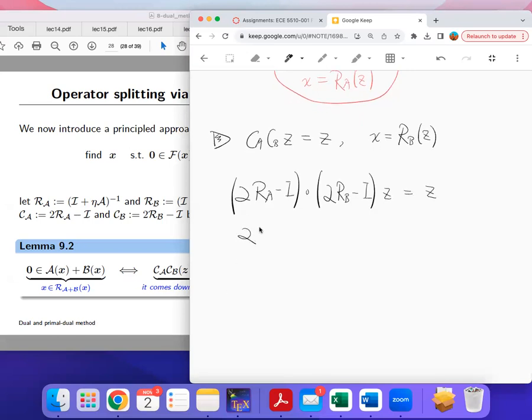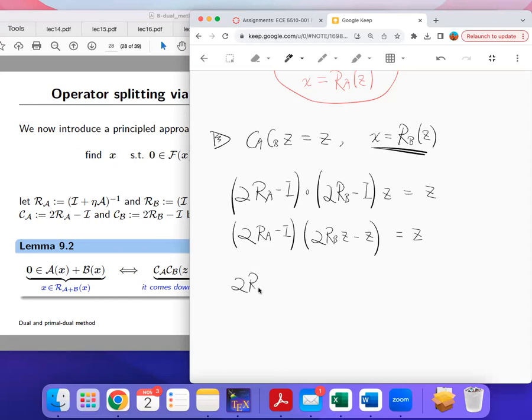By expanding this one, this is 2R_B z minus z. And R_B z is x.